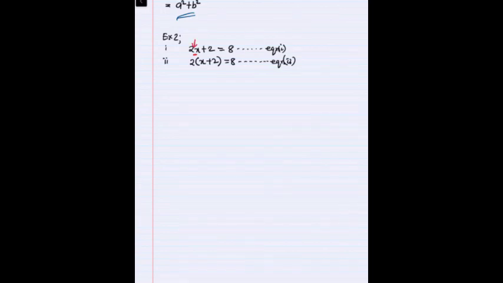But in equation 2, it means 2 is multiplying the whole bracket, the whole group. If you want to simplify this group, it means 2 times x plus 2 times 2, which gives us what? 4. So we have to keep this at the back of our mind.